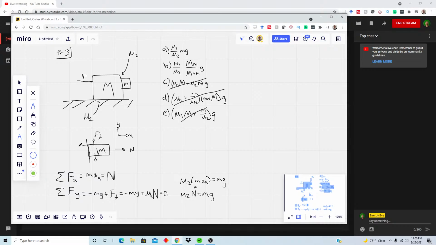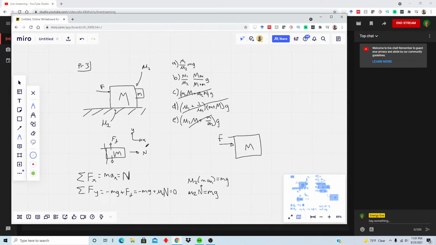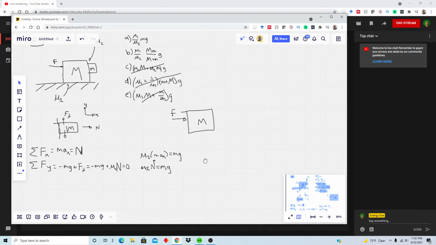Because now we're going to want to look at the force body diagram of this block being pushed, big M. In this case, we have the force that we're applying, right? And we do the same thing, where we apply Newton's equations in the same fashion.